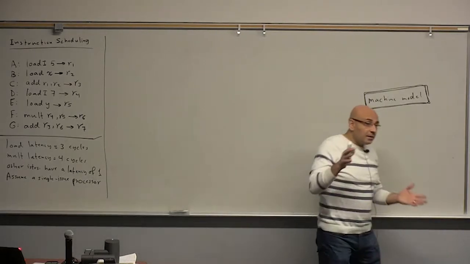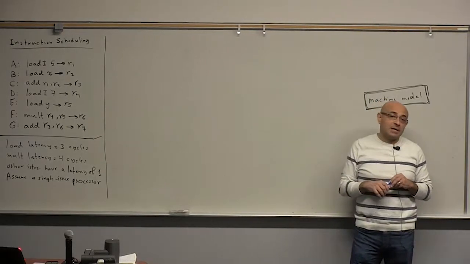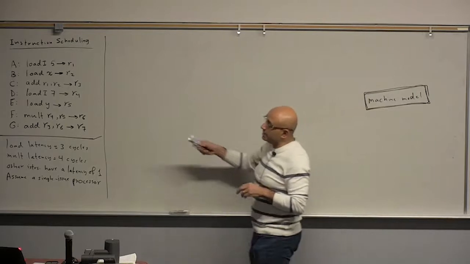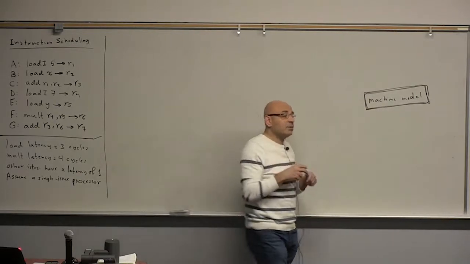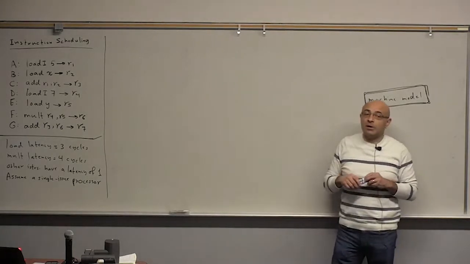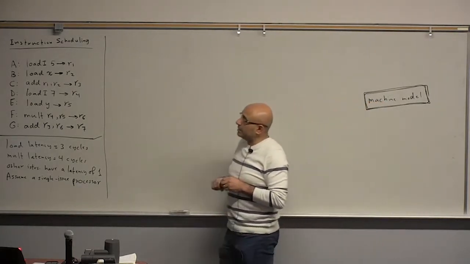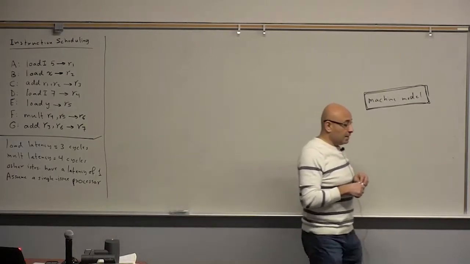But there is another role that the compiler plays in scheduling, which is minimizing the register pressure, which is something that we talked about in the earlier lectures, and it's something that we will talk about also, but algorithmically in the next lecture.